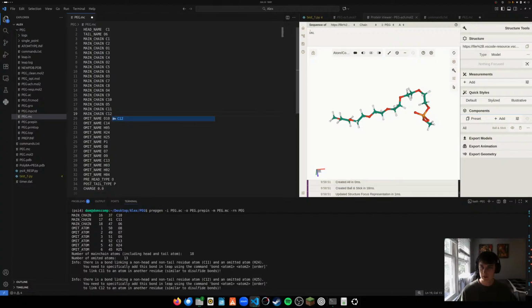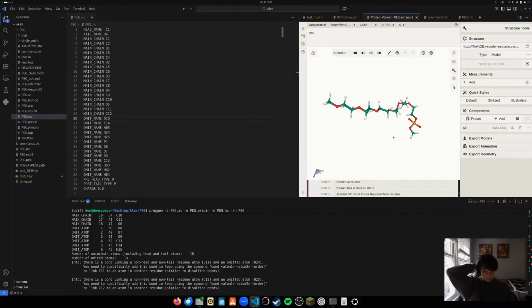We have O6, which is the tail. Then we're going to omit name, so we'll start here. O, C, H1, H, H2.